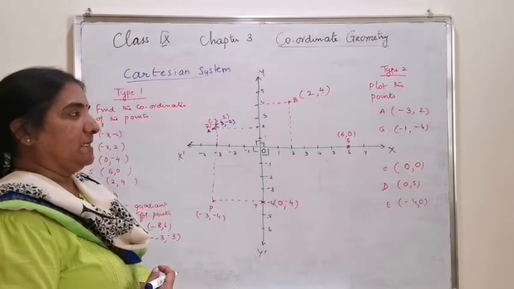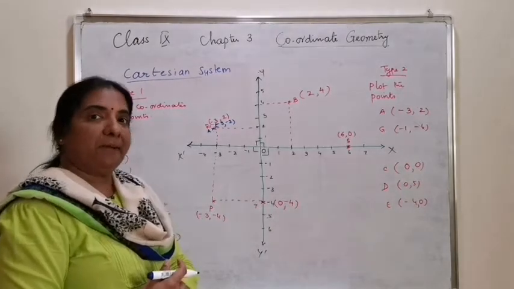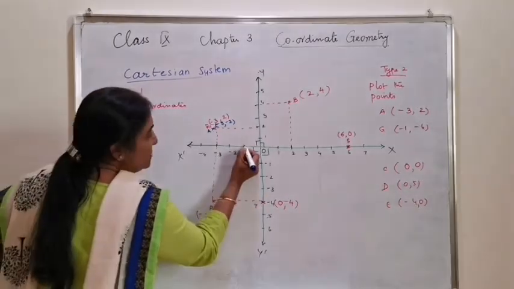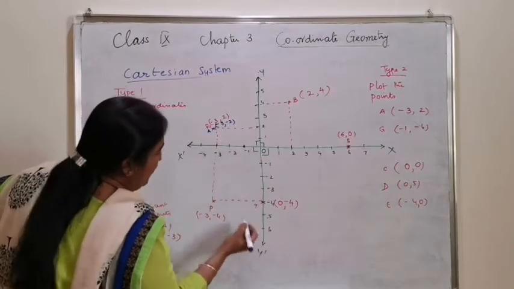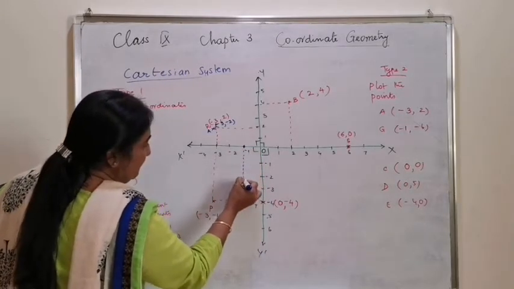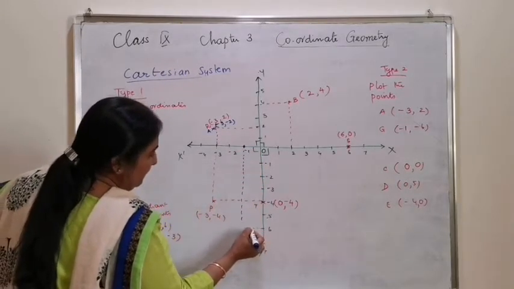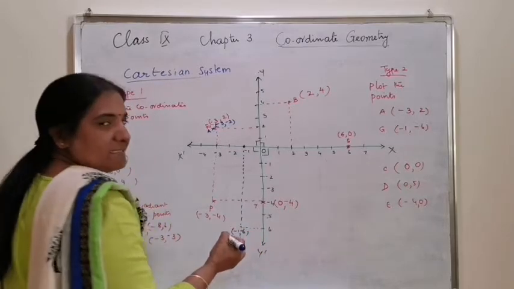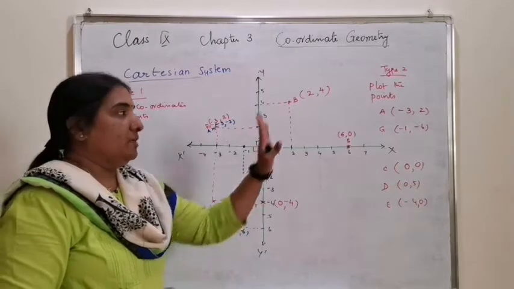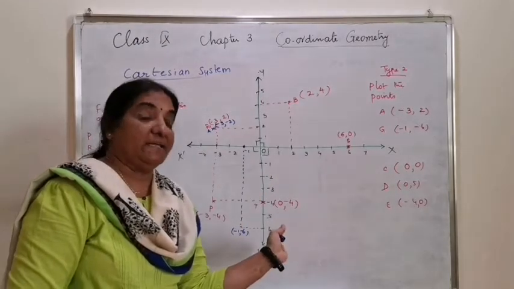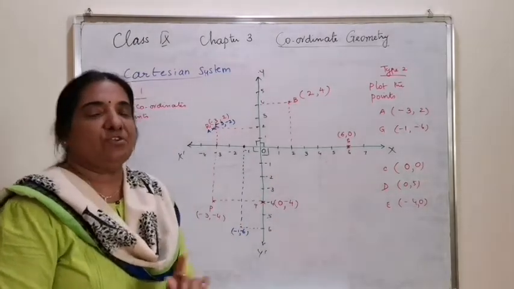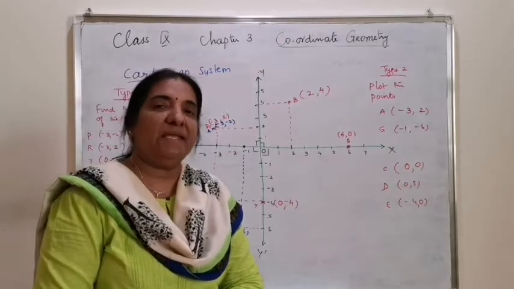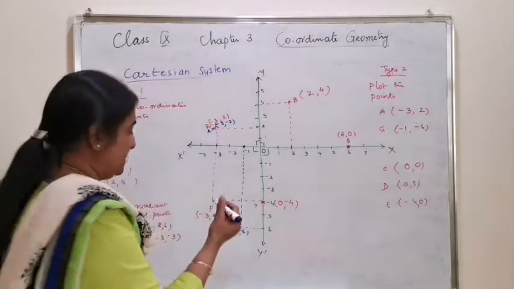The next point is (-1, -6). The point is (-1, -6), and you cannot write it as (-6, -1). The values of x and y cannot be interchanged. The point is G.